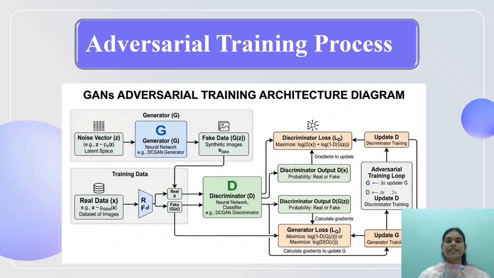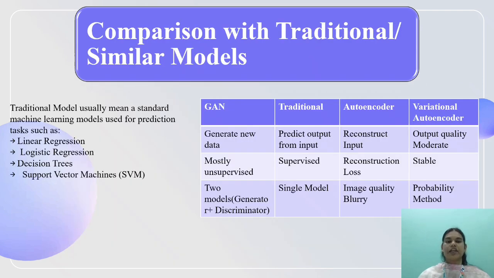The real dataset comes from the training data. The discriminator receives both real and fake data and decides whether the data is real or fake. After that, in discriminator training, if it makes a mistake, it learns to improve, and in generator learning, it tries to fool the discriminator.